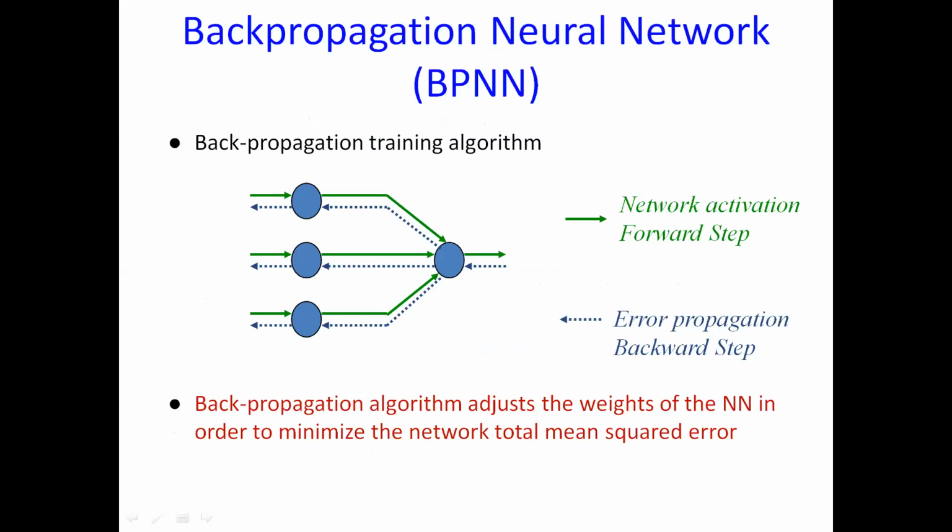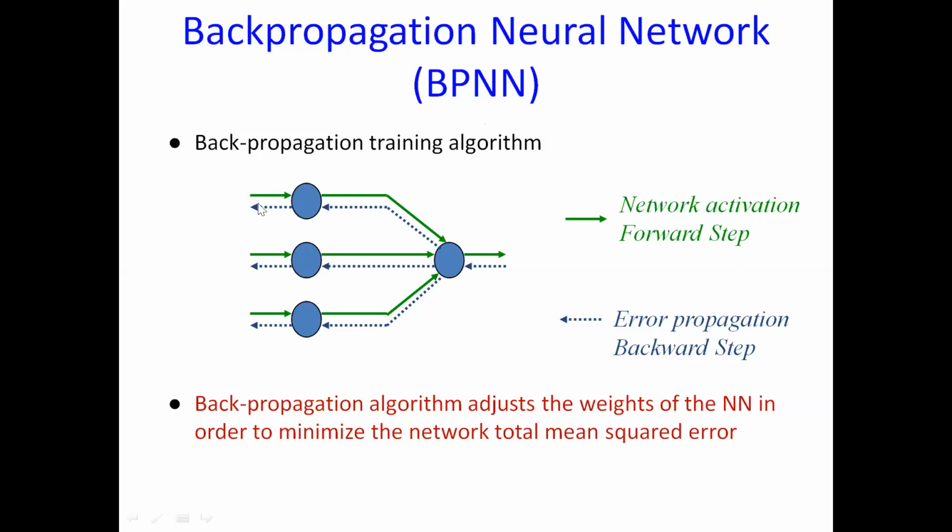Whenever we are talking about this particular neural network, that is the backpropagation neural network, then we can expect this kind of signal flow through the network. If you can see here, this is the backpropagation training algorithm.